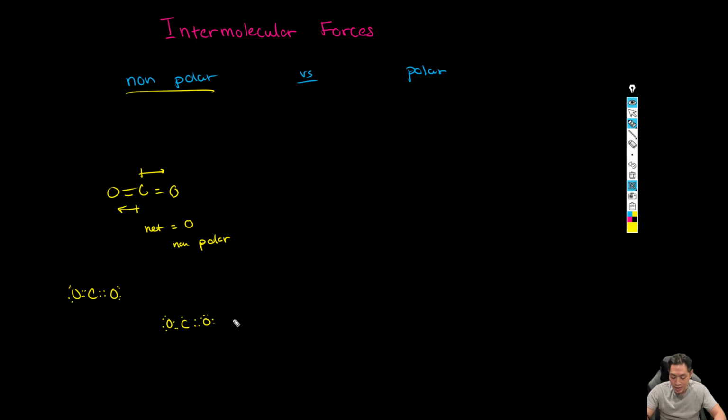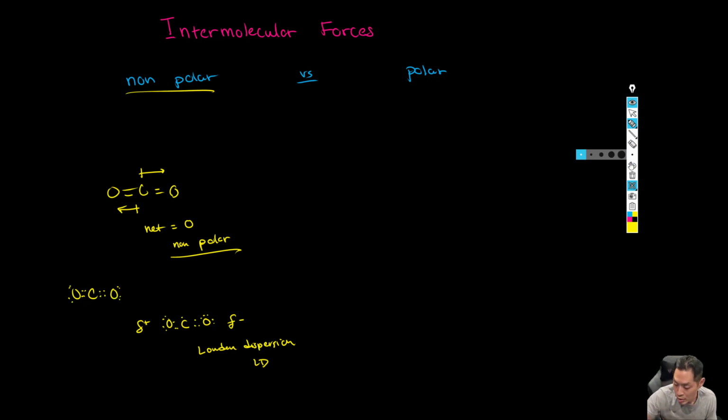And when that happens, you have a partially negative side and a partially positive side. And it's very, very slight. But that's why it's called London dispersion. It happens with non-polar stuff. So this is London dispersion, if I spelled that correctly, or LD. And this happens in non-polar molecules. And it's just because electrons, even though they should be there, there's a slight chance they could be around. And they could keep flipping back and forth really quickly.